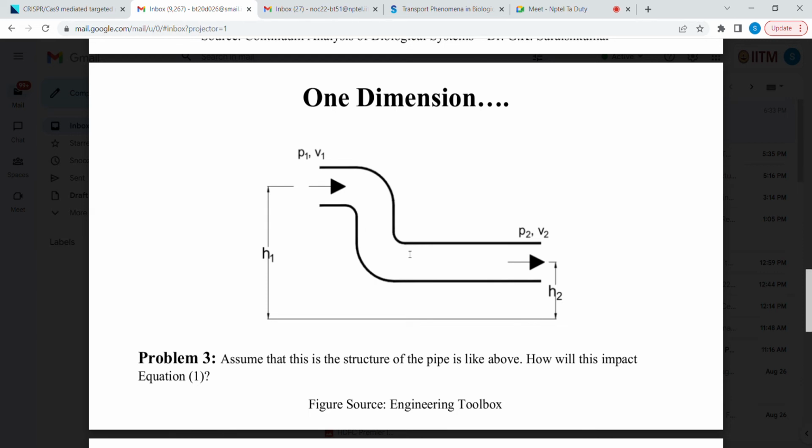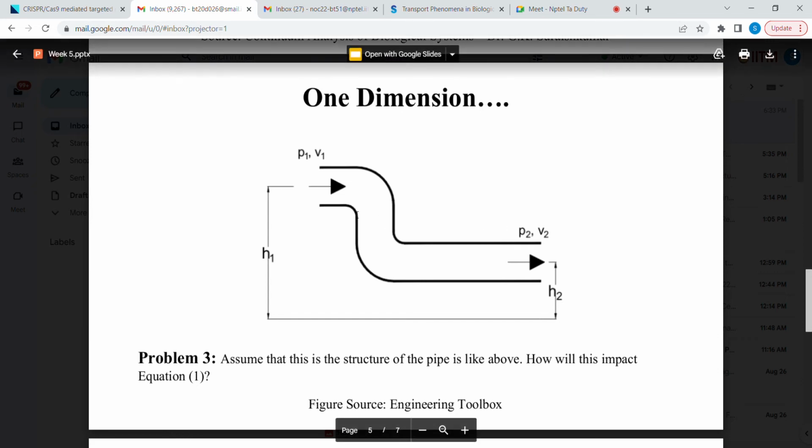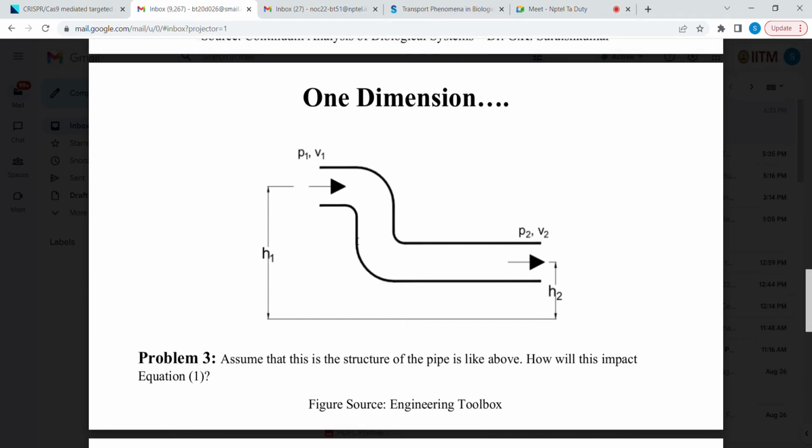Well, one thing we can do is to take this and this as one system, this as one system.